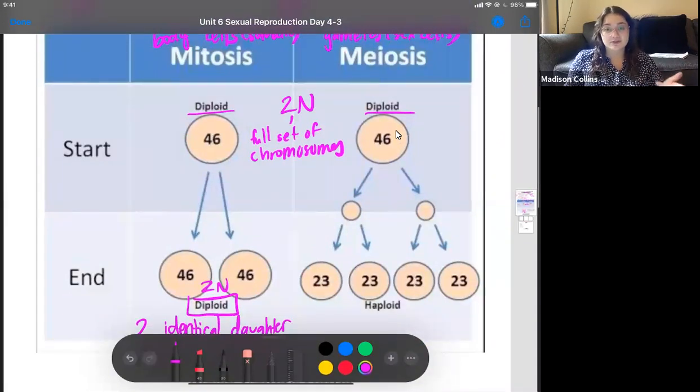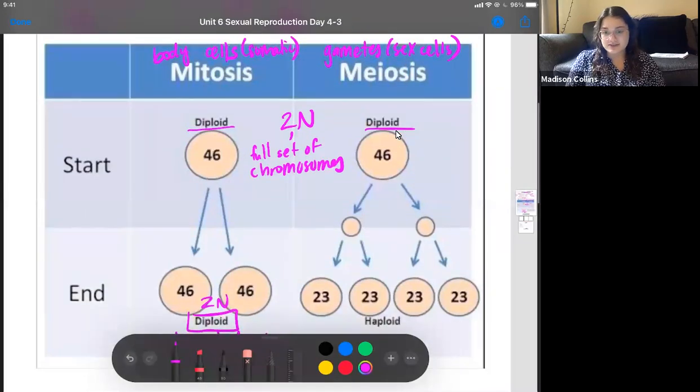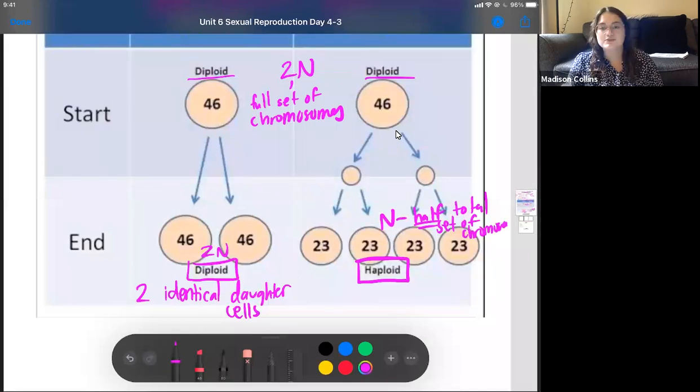Okay, but things are a little bit different with meiosis. We still start out with a diploid cell, but because the goal of meiosis is to produce gametes, we need those cells to be haploid. We represent that with a single N, meaning they have half the total set of chromosomes. Okay, I kind of squeezed it in there.